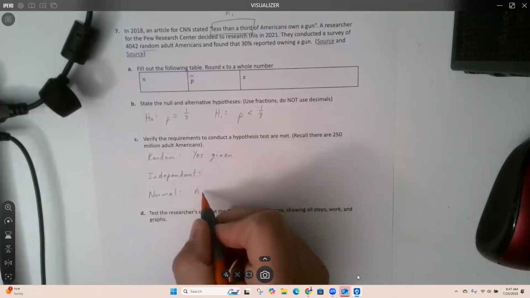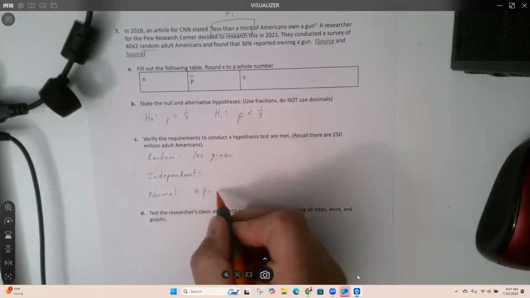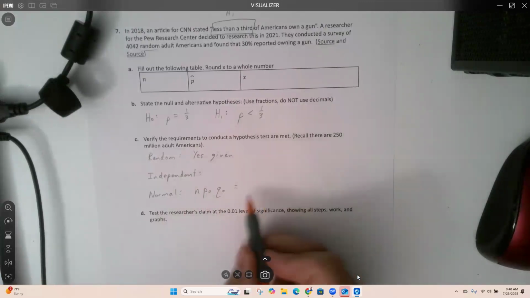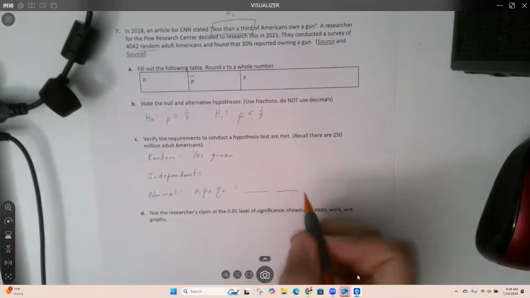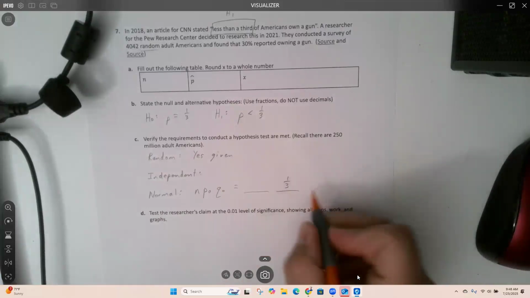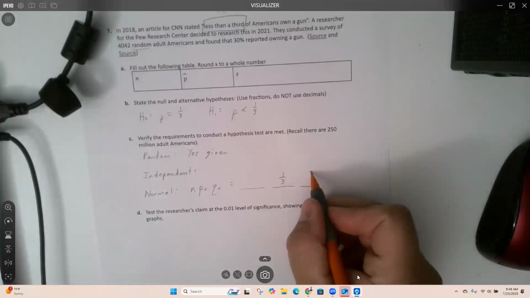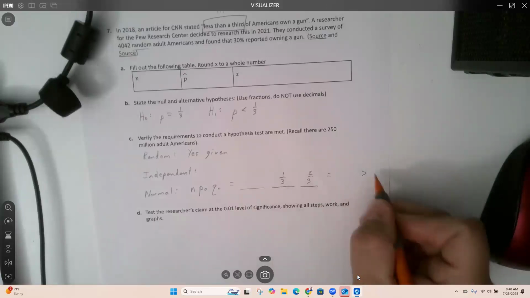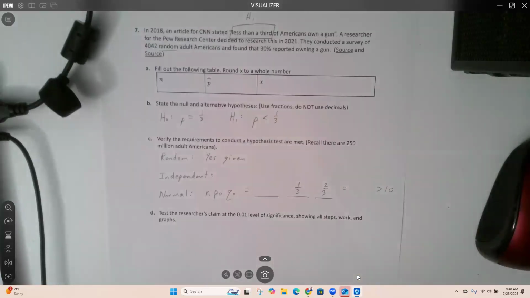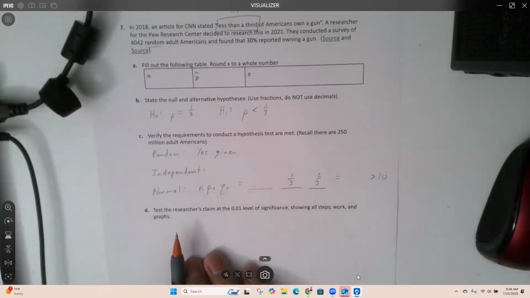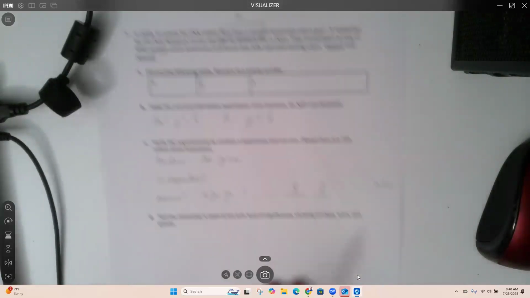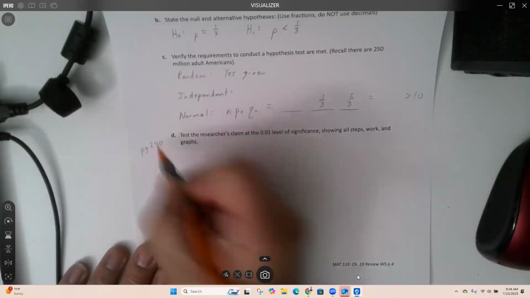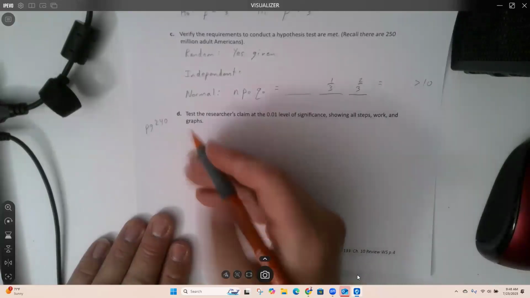So you do N times P times Q. In this case, our P is 1/3. Q would be 2/3. And that has to be bigger than 10. If all that's good, then we can do our hypothesis testing.